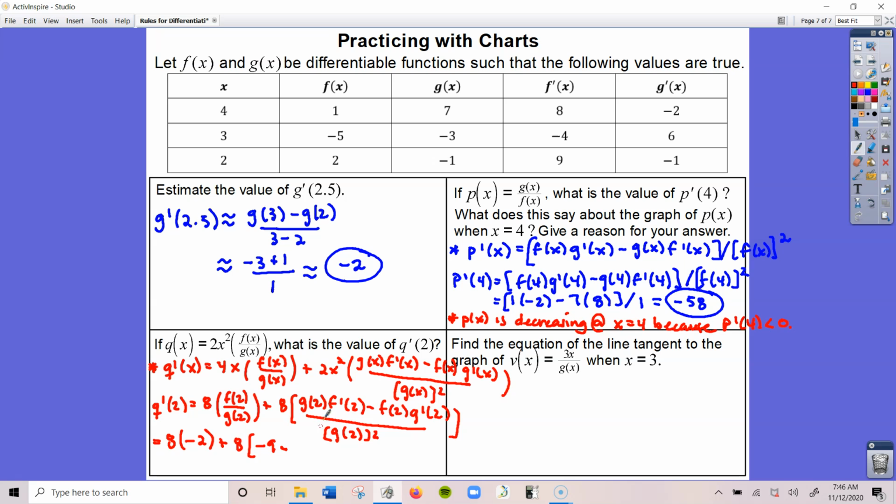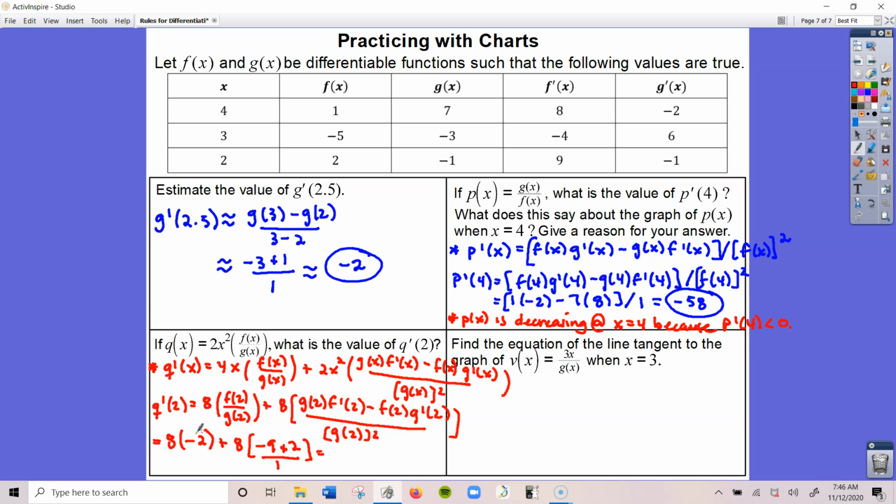So 2 times negative 1 is negative 2, so negative 9 plus 2, all over g of 2 squared, which is negative 1 squared, so just 1.